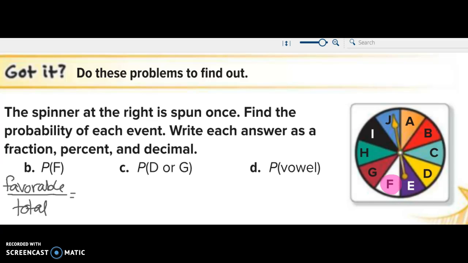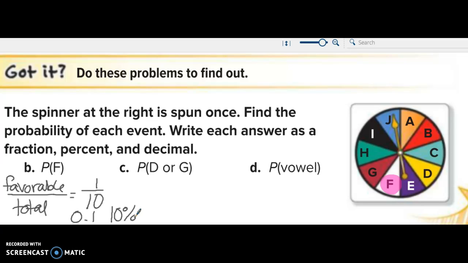So there's only one way that I could spin and land on F. However, I have 1, 2, 3, 4, 5, 6, 7, 8, 9, 10 possible outcomes. So if I was writing it as a fraction, I would say 1/10. I can write that as a decimal, 0.1, and then I would change it into a percentage and write it as 10%.